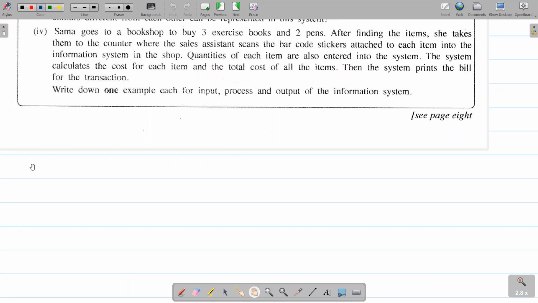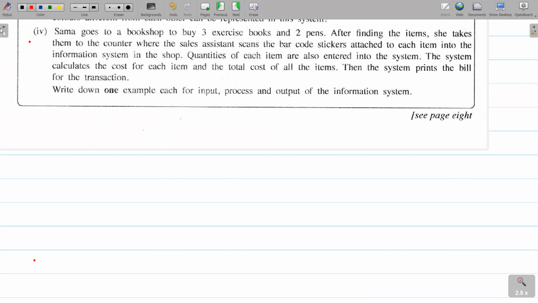Quantities of each item are also entered into the system. The system calculates the cost for each item and the total cost of all the items. Then the system prints the bill for the transaction. Right? So they are asking, write one example for inputs, process, and output of the information system.